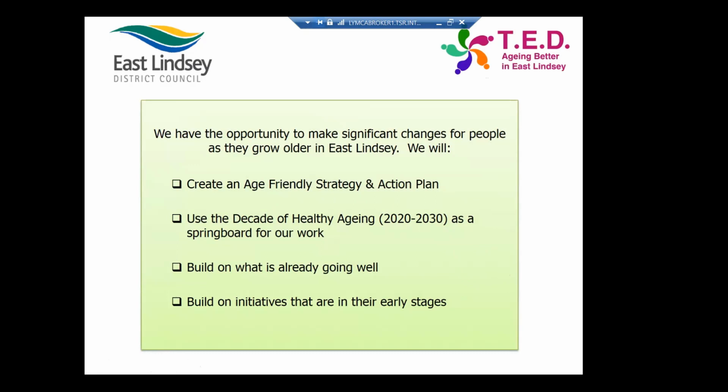The strategy and action plan will be developed through multi-agency engagement and also include the voice of older people. Some of the items that we may want to include are an increase in awareness for professionals, for businesses and for the public, addressing the issue of ageism, improving outdoor spaces.